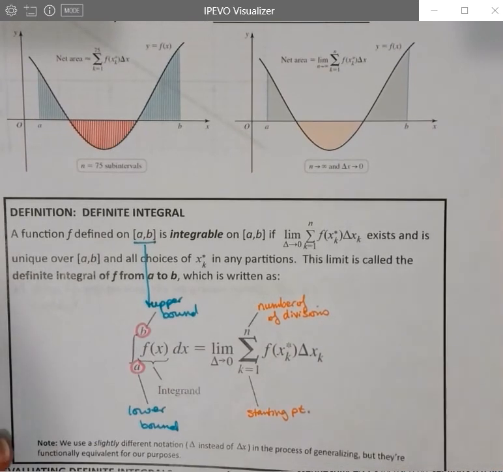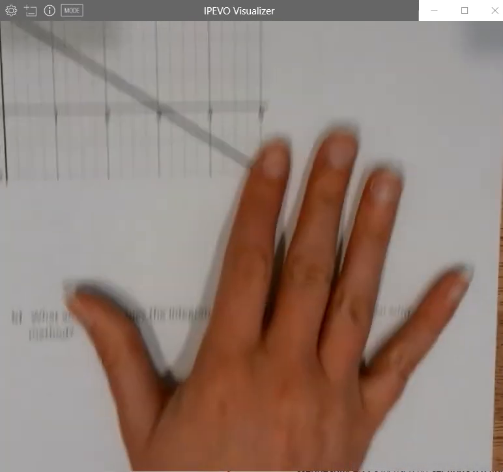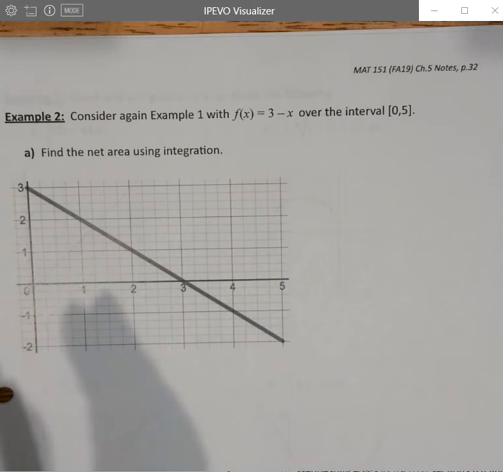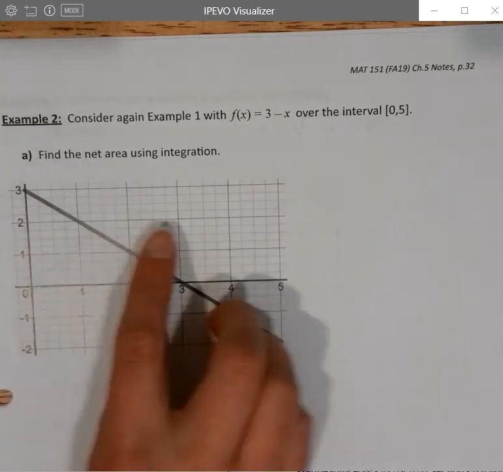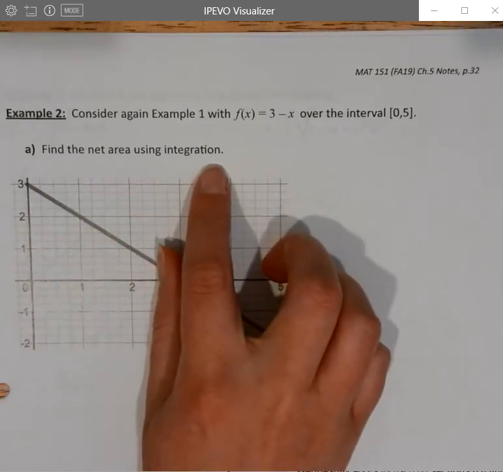Okay, now how do we evaluate them? So look at the next page. If I consider this example, find the net area using integration.